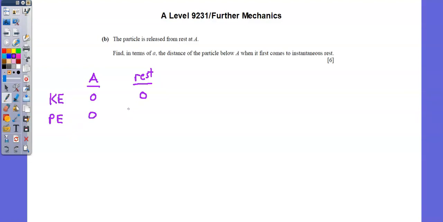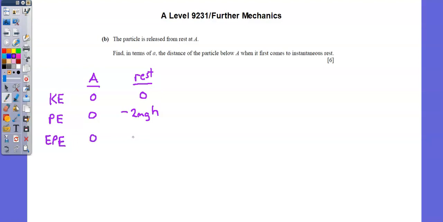The particle will go down, so there will be a decrease in potential energy. That will be negative. I have a mass of 2m times gravity times height, which right now is unknown, so I'm using h. Note that m is the given mass for this problem, g is the actual gravity, but h we need to calculate. For elastic potential energy, we start at 0.